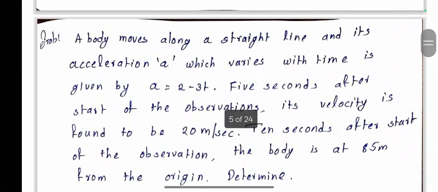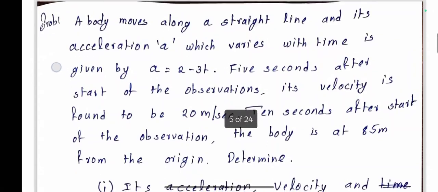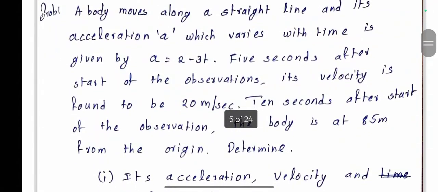Next one, a body is moving along a straight line and its acceleration a varies with time, given by a is equal to 2 minus 3t. 5 seconds after the start of the observations, its velocity is found to be 20 meters per second.